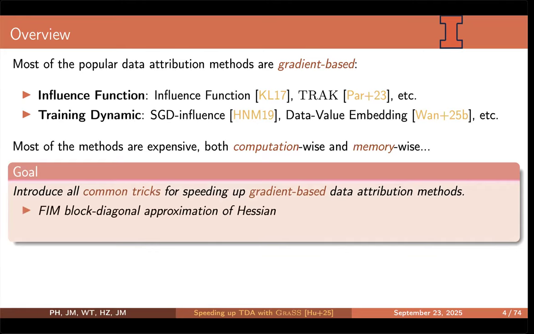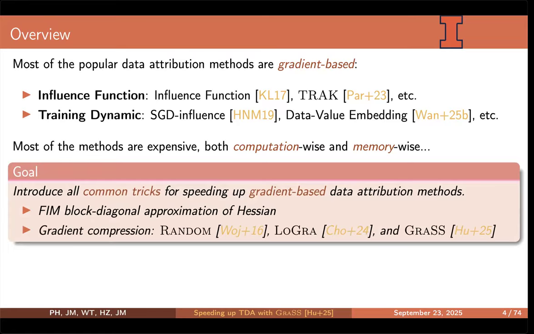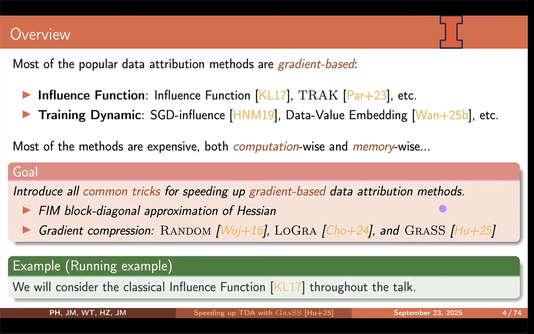In particular, we're going to talk about first, how to approximate the Hessian, and second, how to do gradient compression. And the second point is actually our focus. So this is this work. And as a running example, we're going to use influence function, but the underlying principles of what we're going to talk about will generalize to other methods.